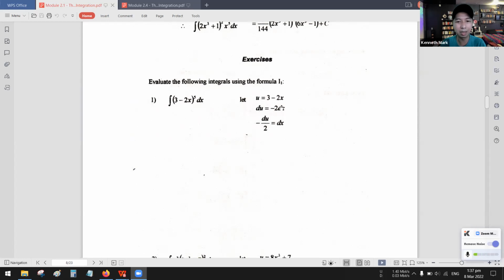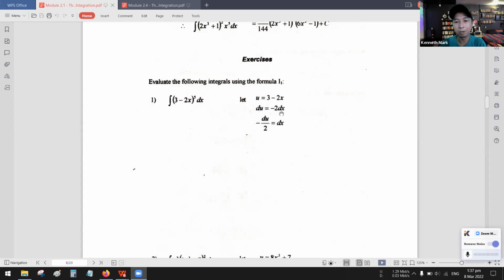So for example, we let this u. Ito yung u natin, no? That is 3 minus 2x. So if we derive it, then obviously magiging 0 yung 3 kasi constant siya. So derivative of a constant is 0. Then yung matitira dito is derivative of negative 2x, or that is negative 2 dx.